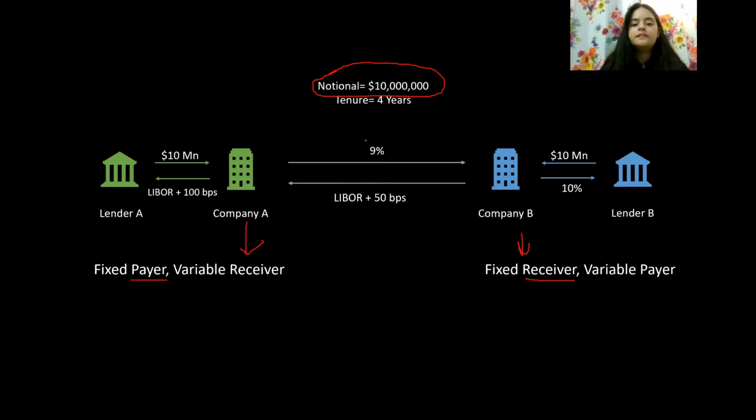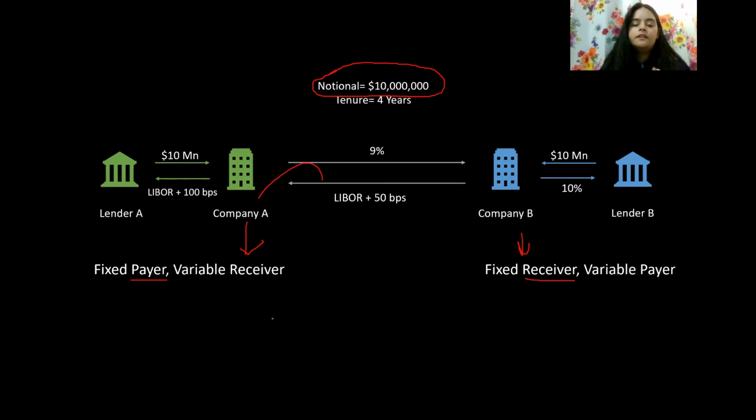So what is 9% of what? 9% of the notional of 10 million and LIBOR plus 50 bps of 10 million. The cash flows of company A will be counted as LIBOR minus 9%. So the net of it will be the amount.